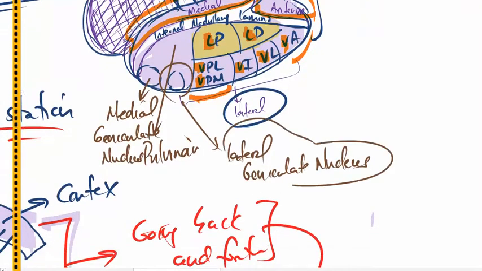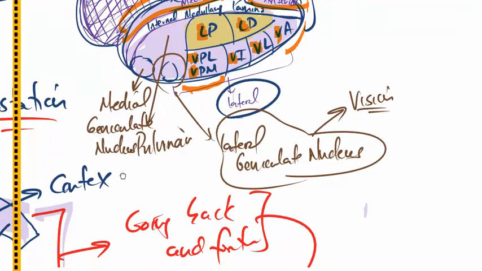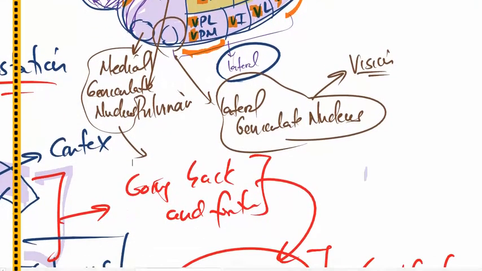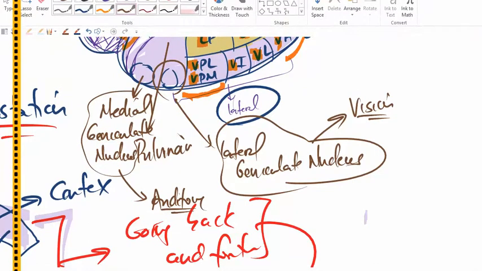The lateral geniculate nucleus is responsible for vision, relaying visual information. The medial geniculate nucleus is going to be responsible for auditory, so relaying auditory information.